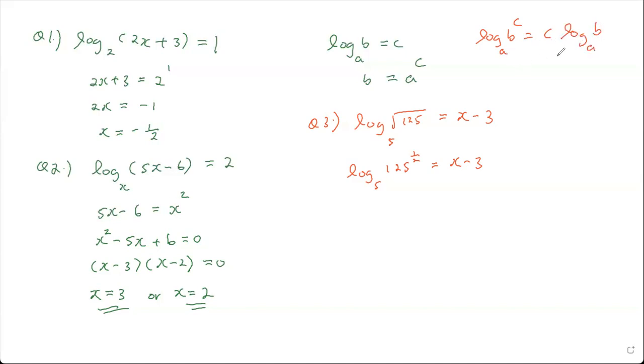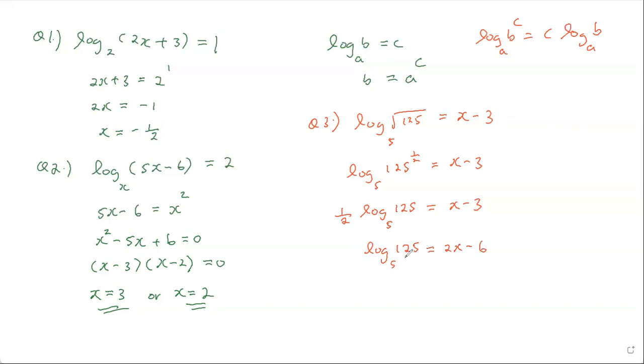So I'm going to bring the half in front, and I get half log 125 base 5 equals x minus 3. Now let's multiply 2 to both sides of the equation. All right, so that's 2x minus 6.